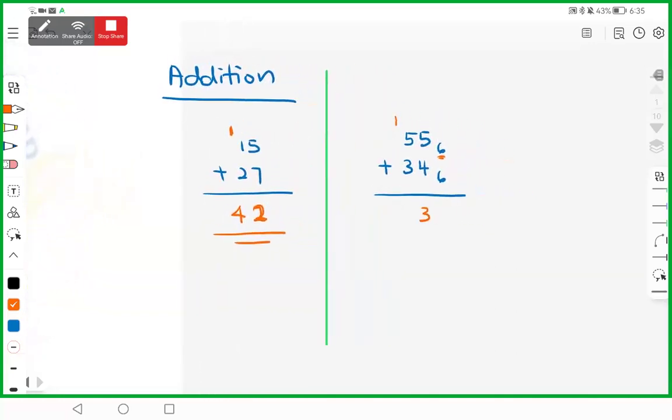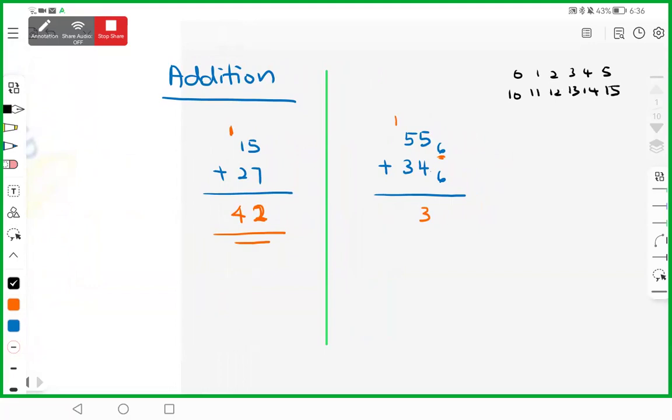Is it okay? Slowly, maybe it's too fast. You see, base 6 has 6 digits: 0, 1, 2, 3, 4, 5. Then 10, 11, 12, 13, 14, 15, and proceed, right?